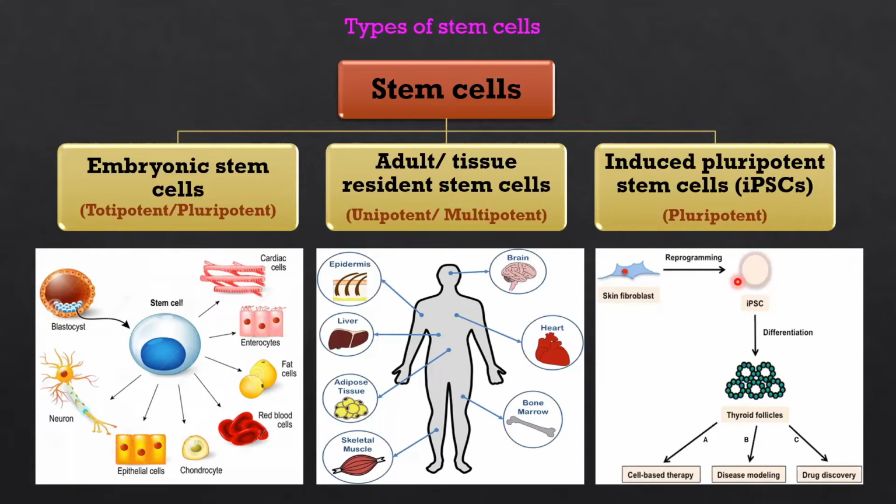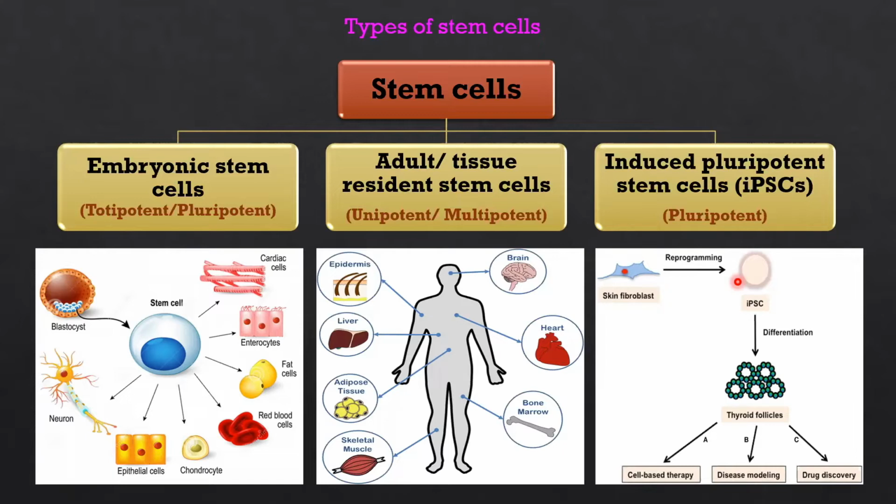Adult stem cells are found in a fully grown adult, and they are restricted to certain niches in a particular organ. The population is much less, so it's difficult to identify and expand them. That's the bottleneck. But still, a lot of research has been going on with adult stem cells to understand the biology of what's happening in an organ.